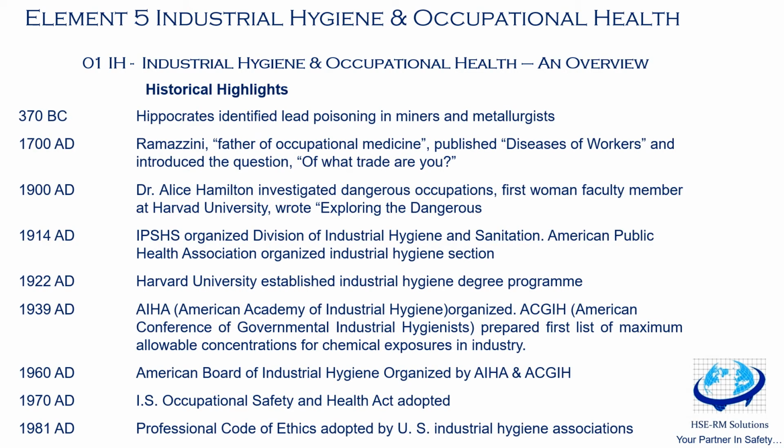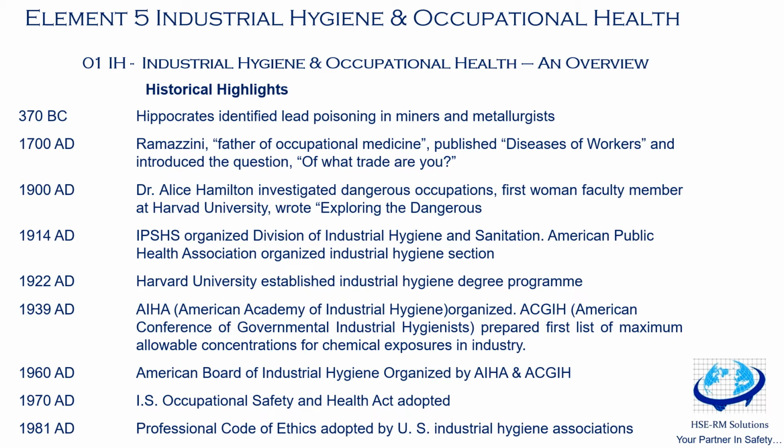Okay, so historical highlights. Imagine this goes way back to 370 BC, where Hippocrates identified lead poisoning in miners and metallurgists. A lot of mining activities were going on, and from there this exposure was identified.